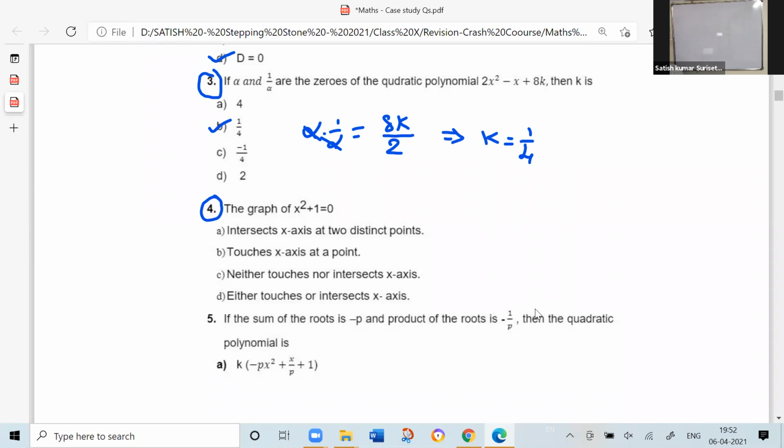Have you understood the question here? Yes, sir. Answer will be C. It is correct. Basically here you are plotting the graph of f of x. If I consider that as a polynomial, you are drawing the graph of this, that is y equal to x square plus 1.